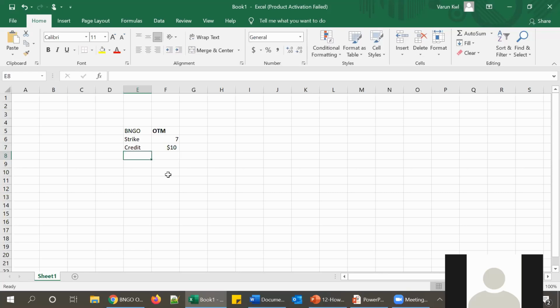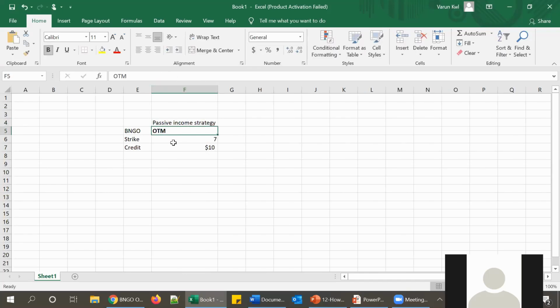So this is more of a passive income strategy where we are way away from the existing price of bingo. Let's say $7 a strike, and we are not expecting that bingo is going to come up to $7. Hence, we are selling a put so that we are going to keep this credit of $10.